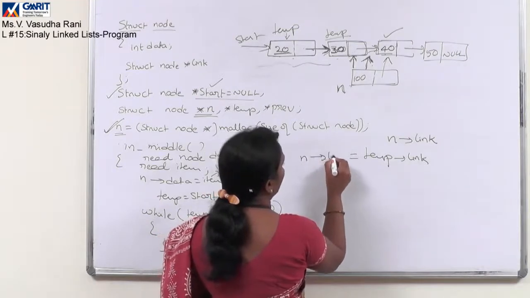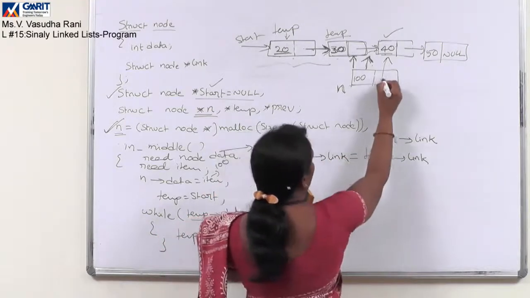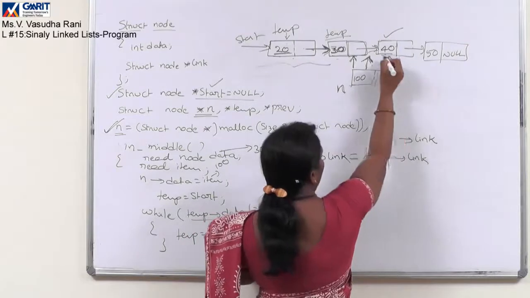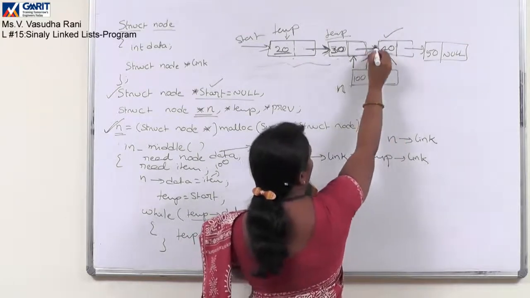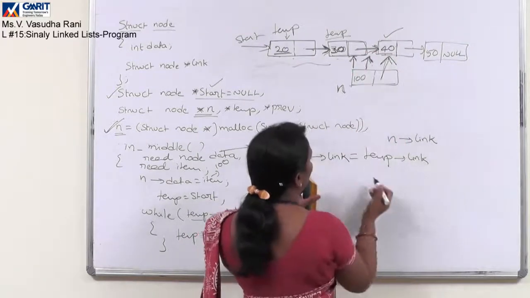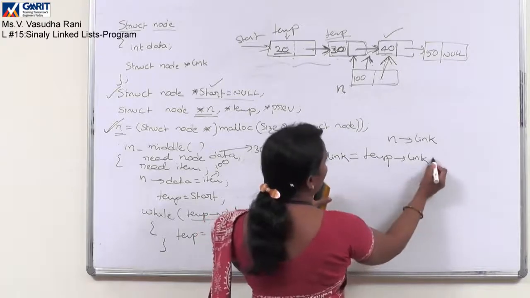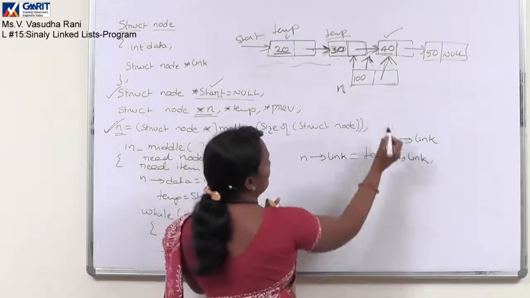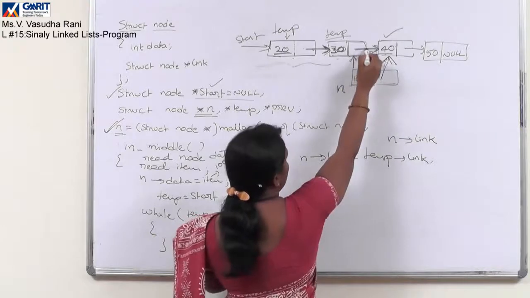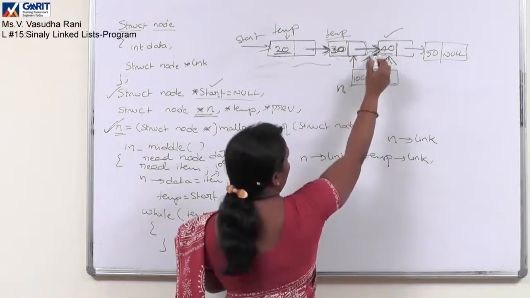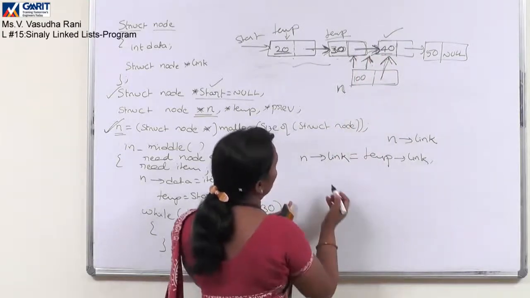Into n link, we can keep the address which is stored in temp link. Into n link, we have to keep temp's link. It is the address of the next node.